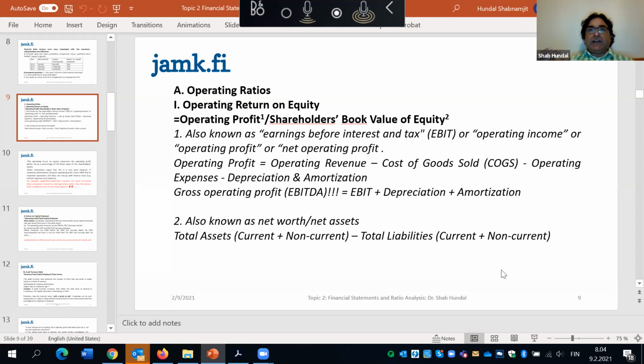What are the signs of good performance of the company? As the name suggests, it's an operating ratio. The company operates. Remember that I gave you the concept of the firm, and we have financing, investing, and the connector between financing and investing is the operations.